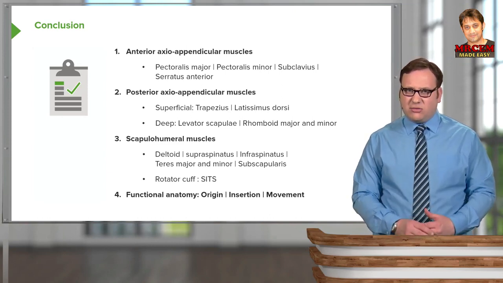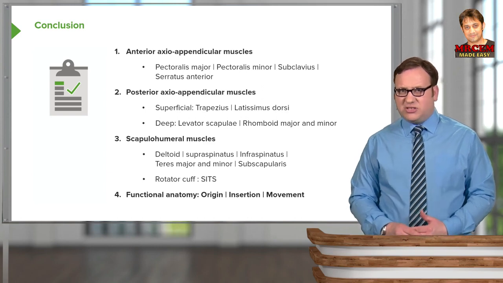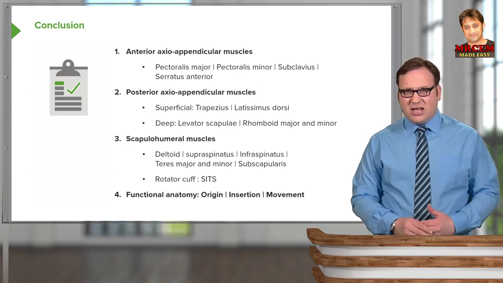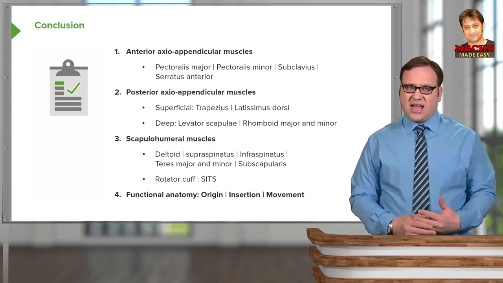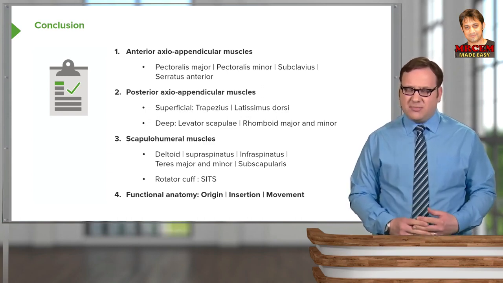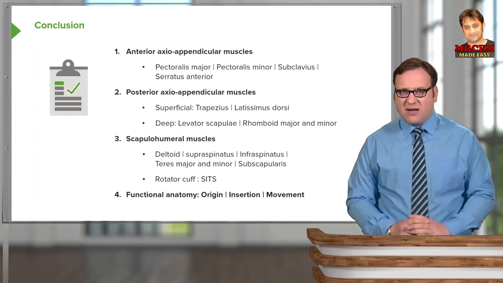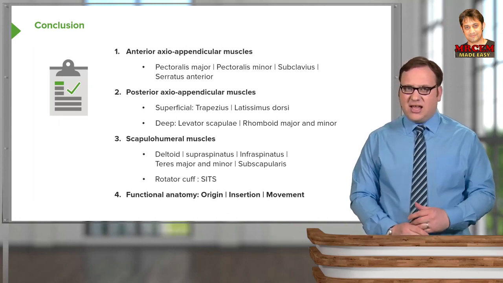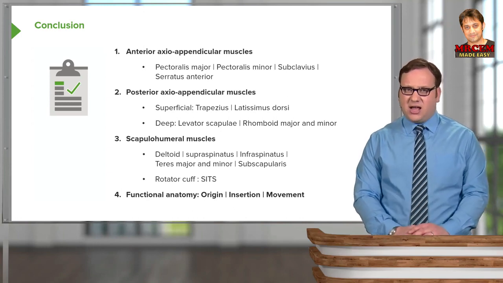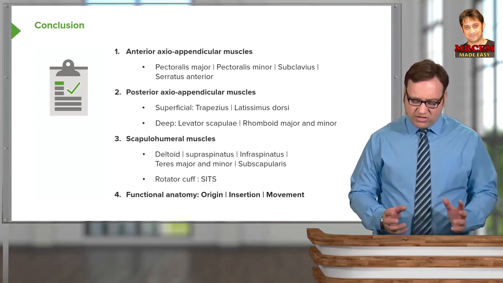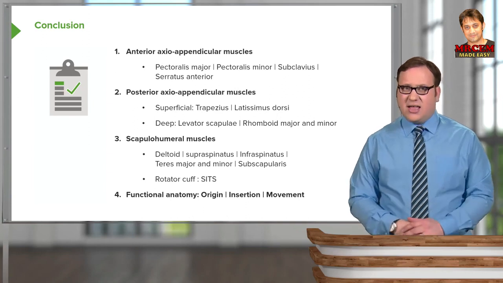We then looked at the deltoid, supraspinatus, infraspinatus, teres major and minor, and subscapularis muscles that form the scapulo-humeral muscles. Specifically mentioning the rotator cuff, which is supraspinatus, infraspinatus, teres minor, and subscapularis. We then looked at their origins, their insertions, and their movements.